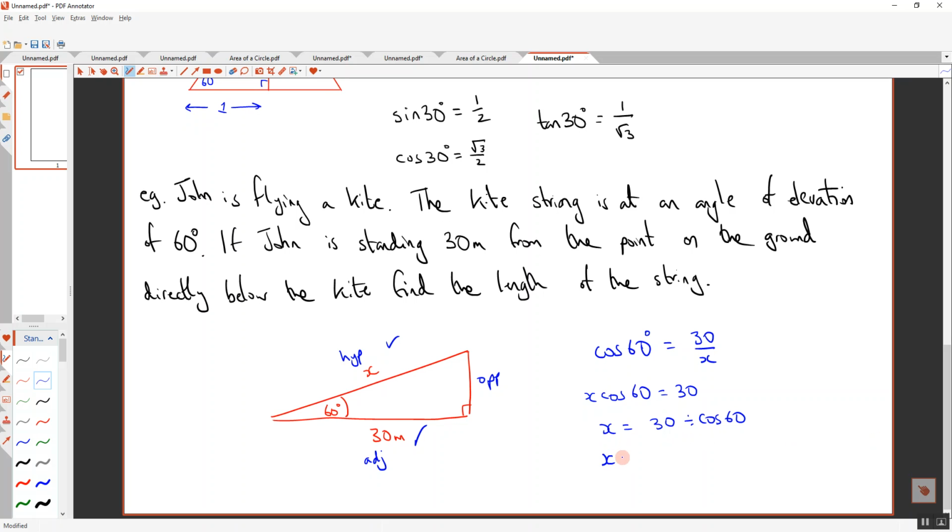So 30 divided by a half is 60. Right, 30 divided by 1/2, remember, that's the same as 30 times 2/1. Keep, change, flip. The length of the string is 60 meters.